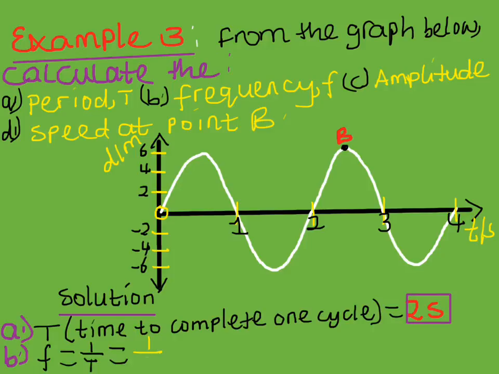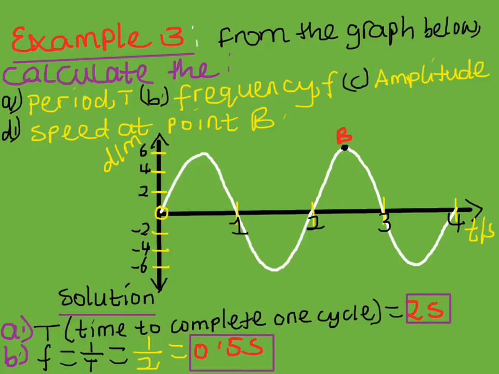So the period of this wave will be 2 seconds. Not forgetting the fact that frequency is the inverse of period, which gives frequency equals 1 over T. We have our frequency to be 1 over 2, which gives 0.5 Hertz.